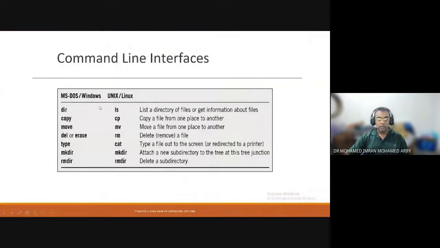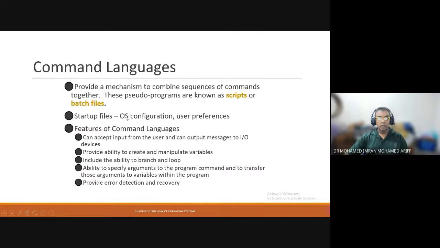Okay, so these are some of the commands. This command is for MS-DOS or Windows, and these commands are for Unix or Linux. Okay, so what is the command language interface? It provides a mechanism to combine sequence of commands together. These pseudo programs are known as scripts or batch files.